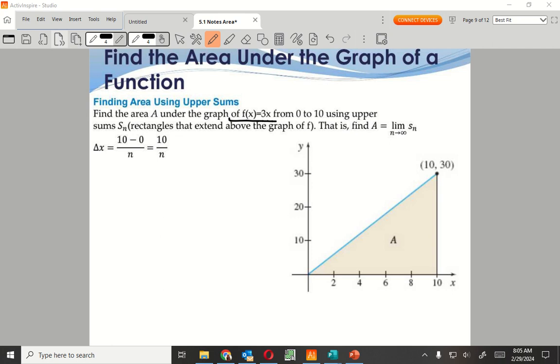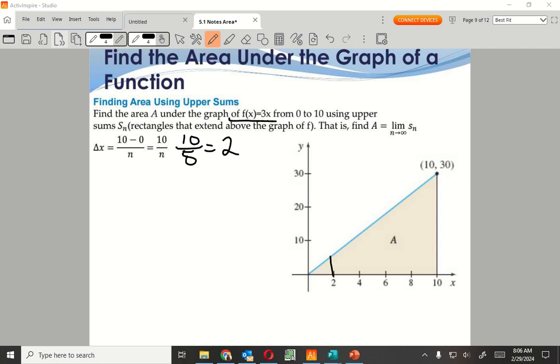Let's start with 2, just like we did the other day. If I did 2, that means in between 0 and 10 there would be 5. So 10 divided by 5 gives me 2. My delta x, the width of each one of my rectangles, is going to be 2.